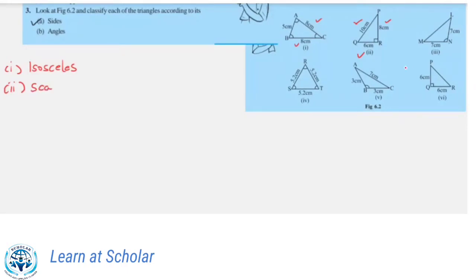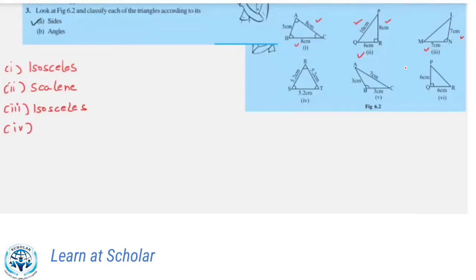Second one is scalene because all the three sides are unequal. The third one is again isosceles because two sides are equal. So this is the classification based on sides.